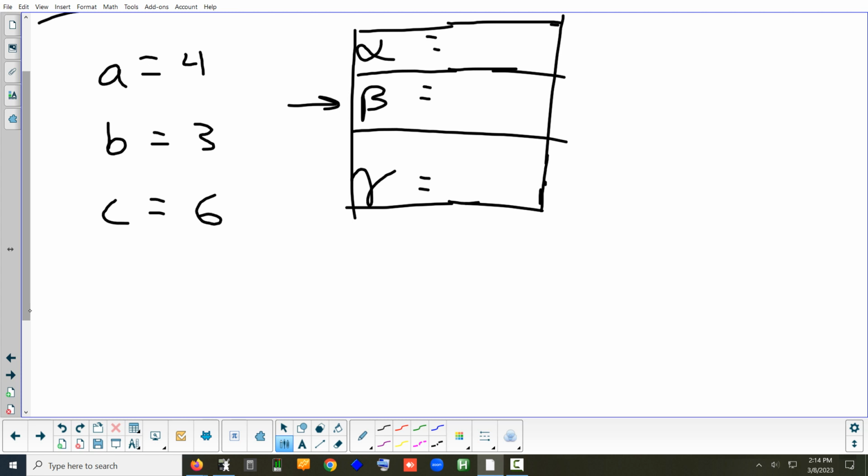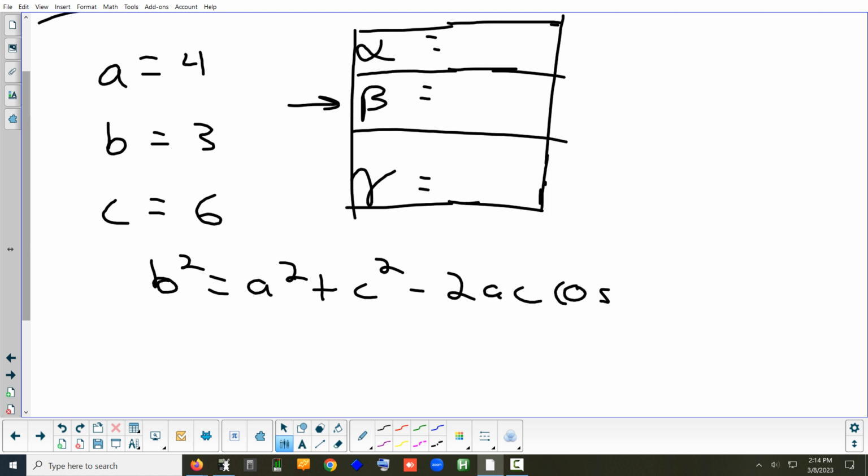Yes? B squared equals A squared plus C squared minus 2AC cosine beta.